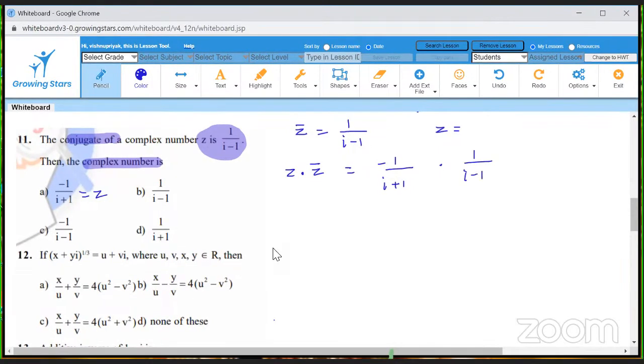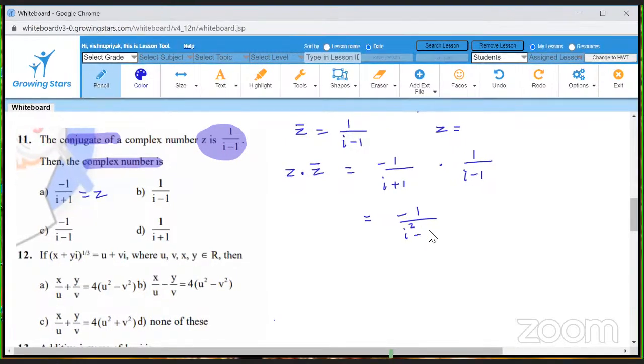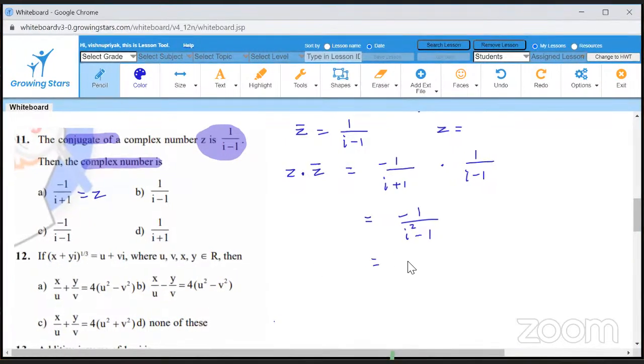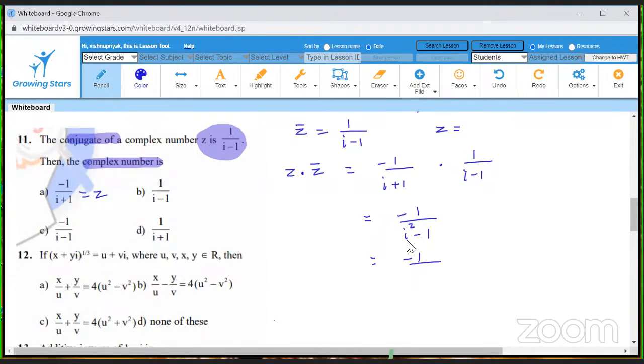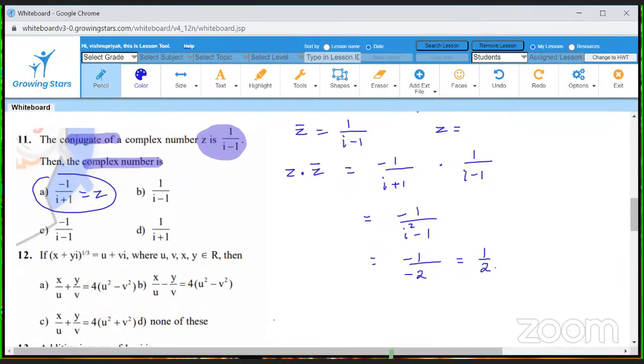So what will I get? Minus 1 by i square minus 1 square. That is minus 1 by, i square is minus 1, minus 1, so minus 2. That is 1 by 2. When I'm multiplying z and z bar, I'm getting 1 by 2. So I can say option A will be the correct answer.